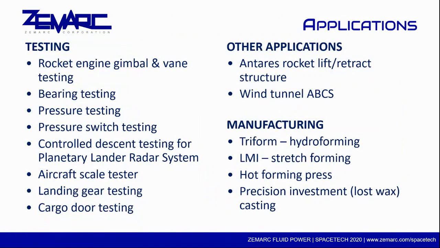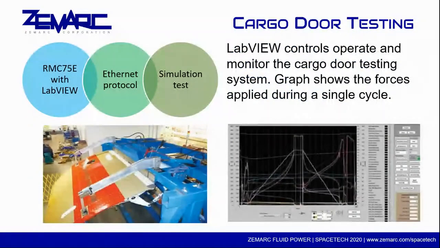Delta motion controllers have been used in many applications in the aerospace and space industries, from running simple single-test applications to controlling the position of rocket lifts to precision manufacturing of components. The Delta RMC 75E was used to simulate real-world wind loads on an aircraft cargo door using LabVIEW to program the movement.